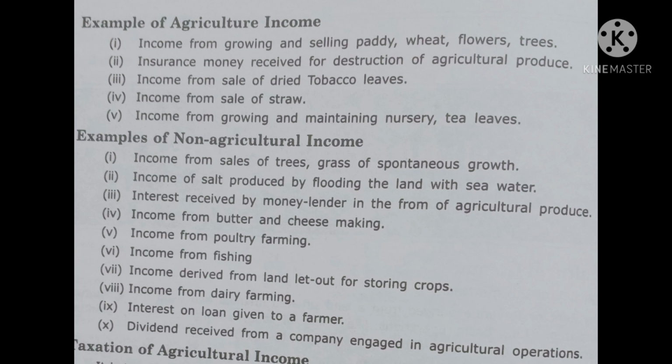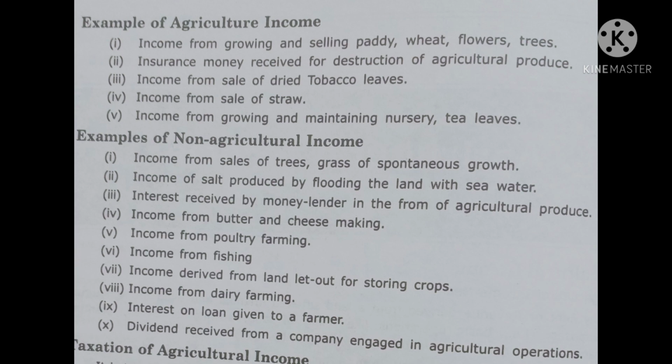That means in your agricultural land, if there is any growth of trees or grass spontaneously, that means you didn't put any effort, it grew on its own. When you didn't put any effort, and it grew by itself, and you are selling that grass or trees of spontaneous growth, then it doesn't come under agricultural income. That is why it is called non-agricultural income.